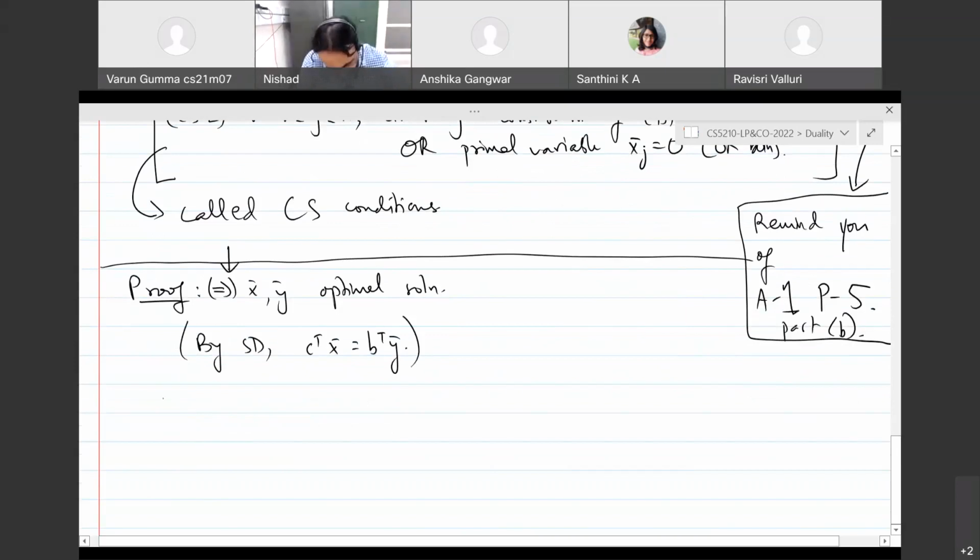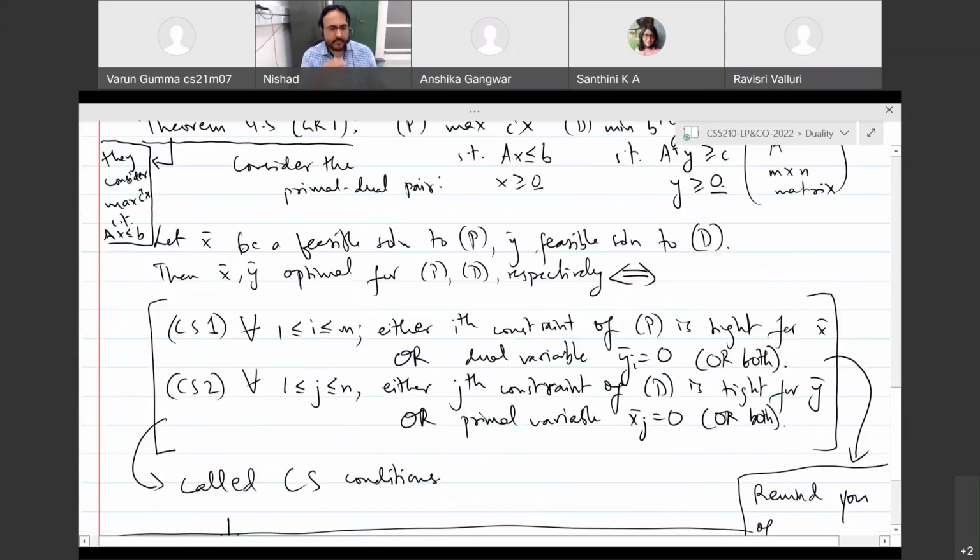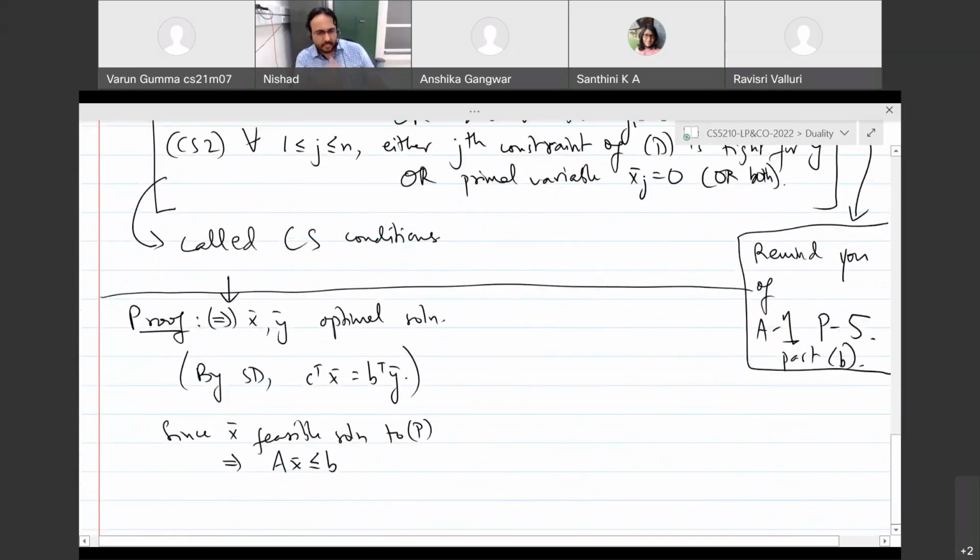All right. Since x bar is a feasible solution for the primal, we know that A x bar is less than or equal to b. That's our LP: A x less than or equal to b, x non-negative.